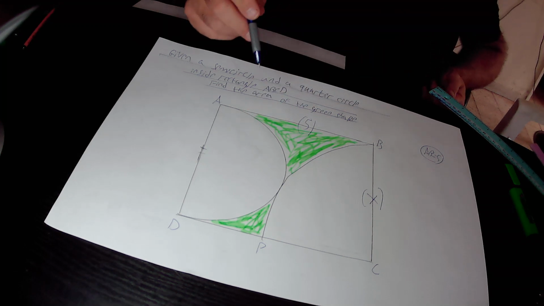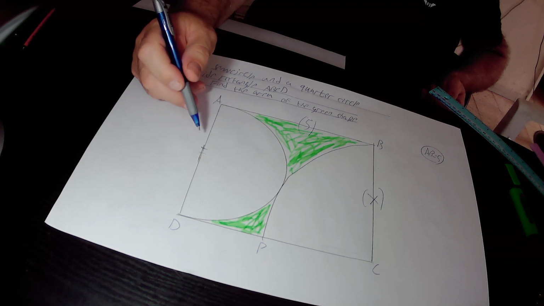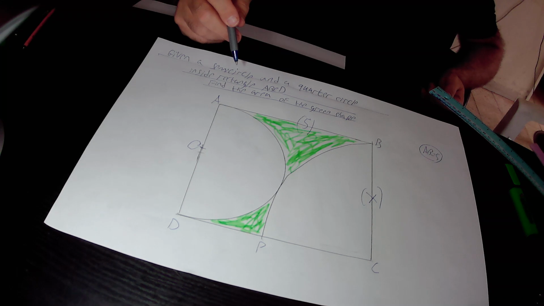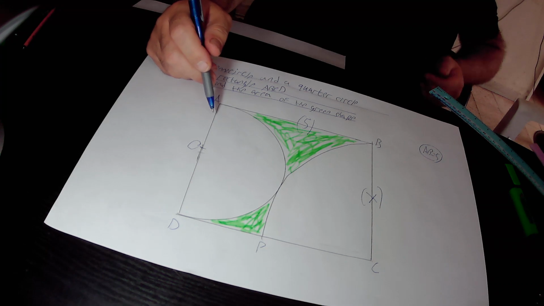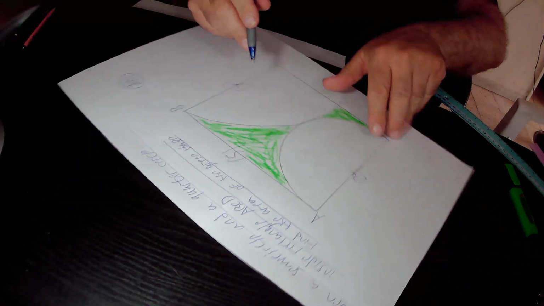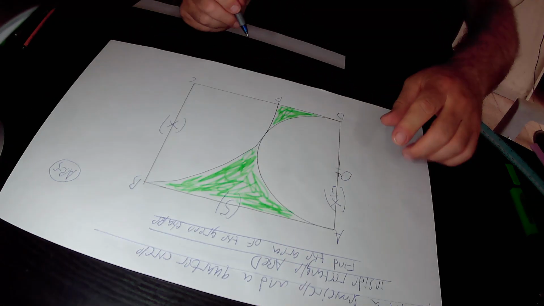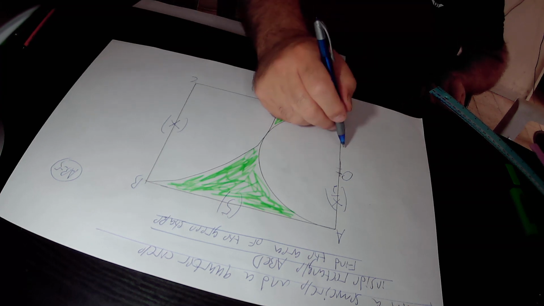We define the center of this semicircle as O. So just like I found out, the radius OA of this semicircle equals x over 2 units in length. Likewise, the radius OD of this semicircle also equals x over 2 units in length.